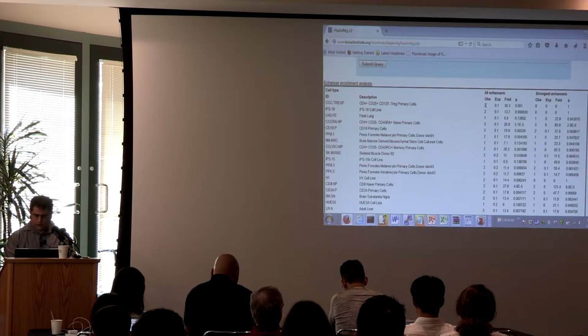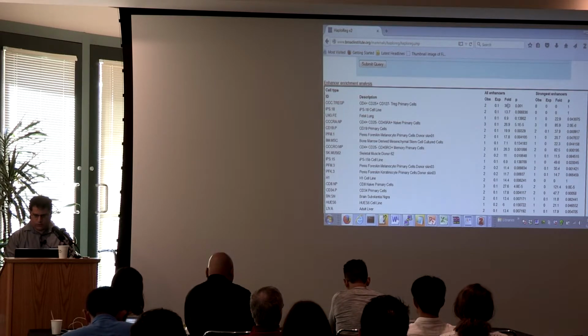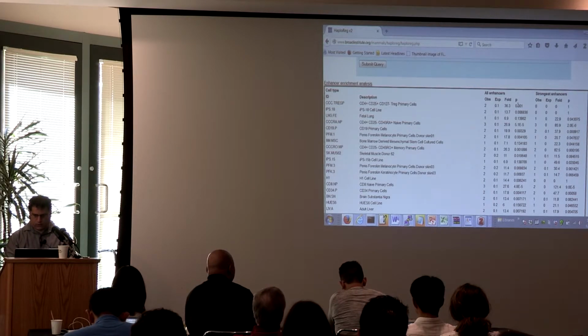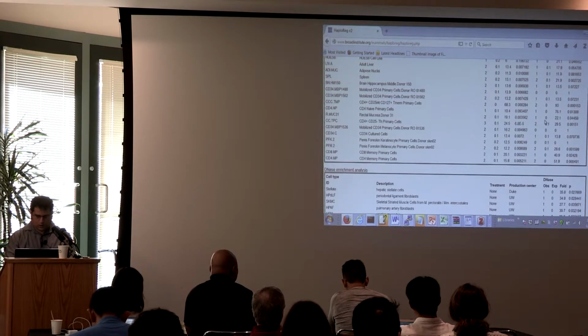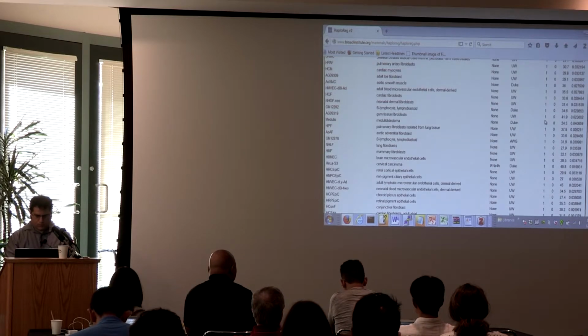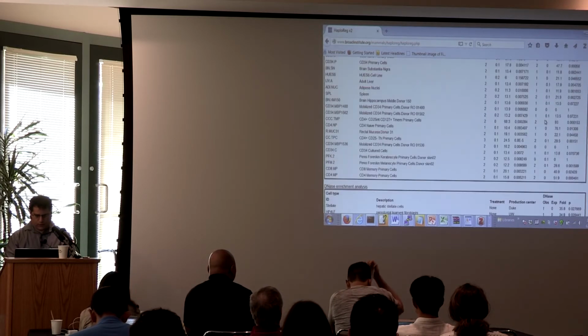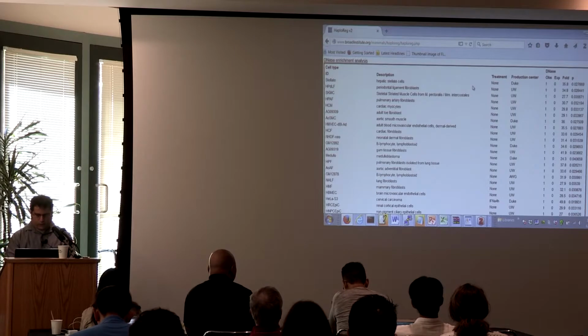And then this is showing you how many were observed, how many were expected, what's the fold enrichment, and a p-value calculation. And then if you restricted it to a more restricted set of enhancers, the same analysis. And then this is based on the DNase data, which is directly this open chromatin assay, not the chromatin states.